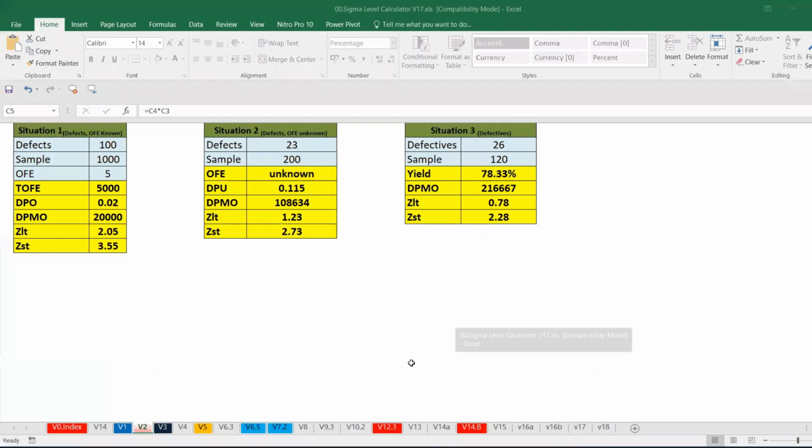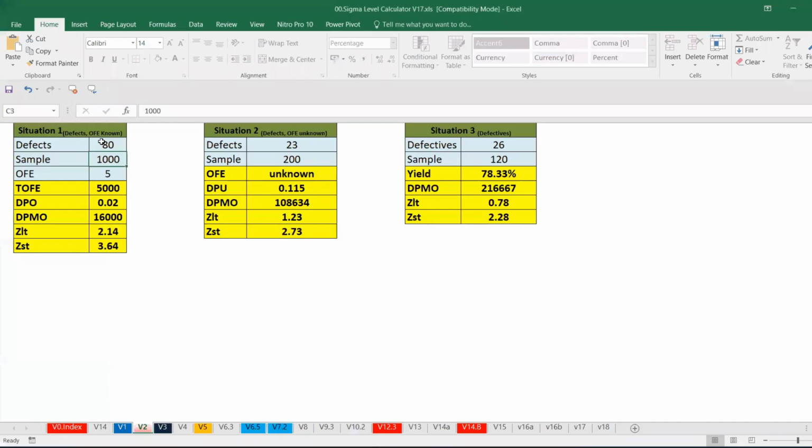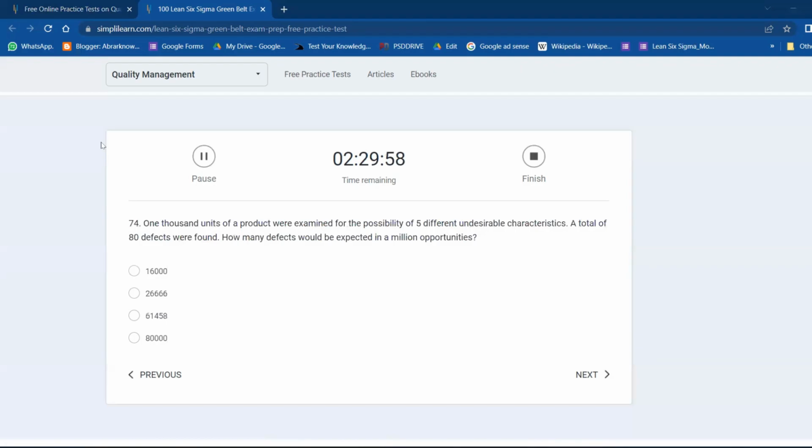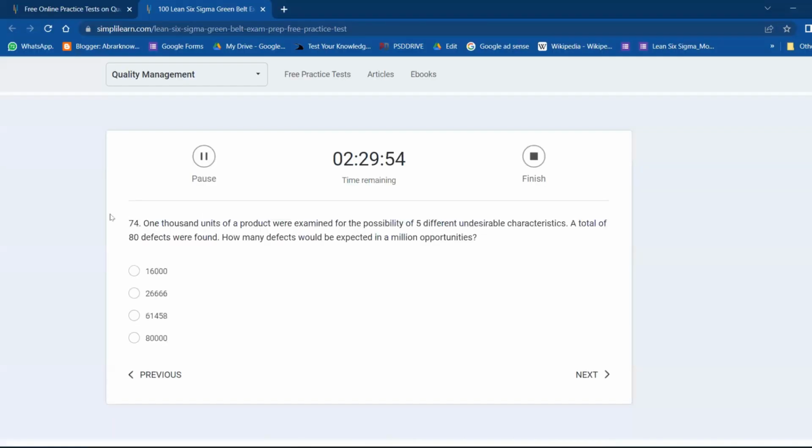Okay, so let's do this one. 1000 units, and out of 1000 units, how many defects? 80 defects. And what is the opportunity? 5 different opportunities. And here you have an answer: 16,000. So 16,000 is the answer.